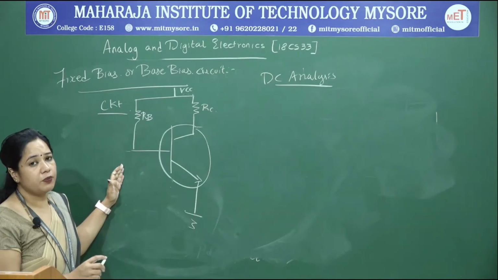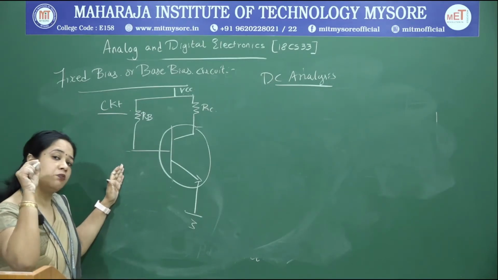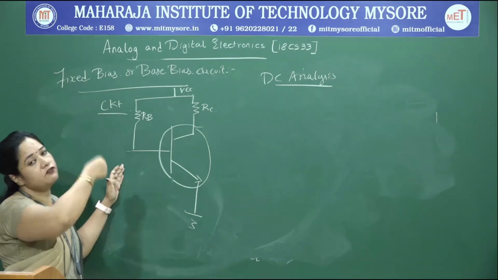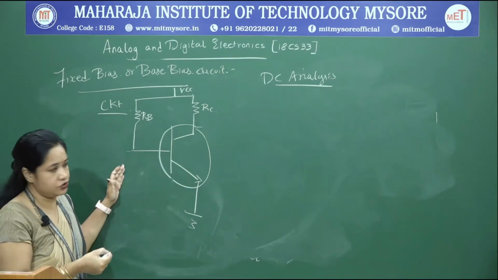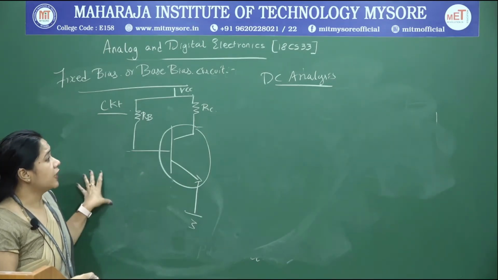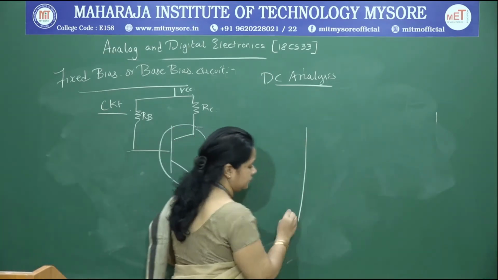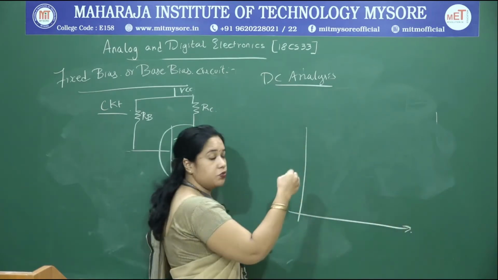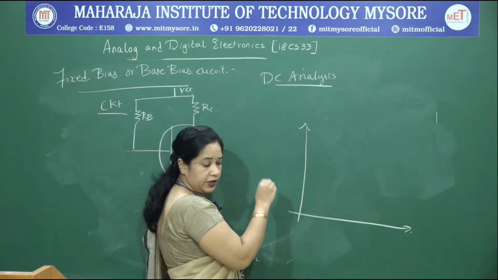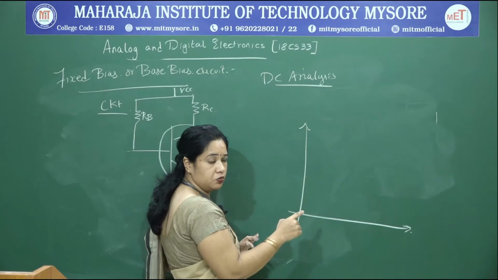What do you mean by operating point? We need to determine a point on the output characteristics wherein we have faithful amplification. If you can recall, what are the output characteristics? It is output current versus output voltage.